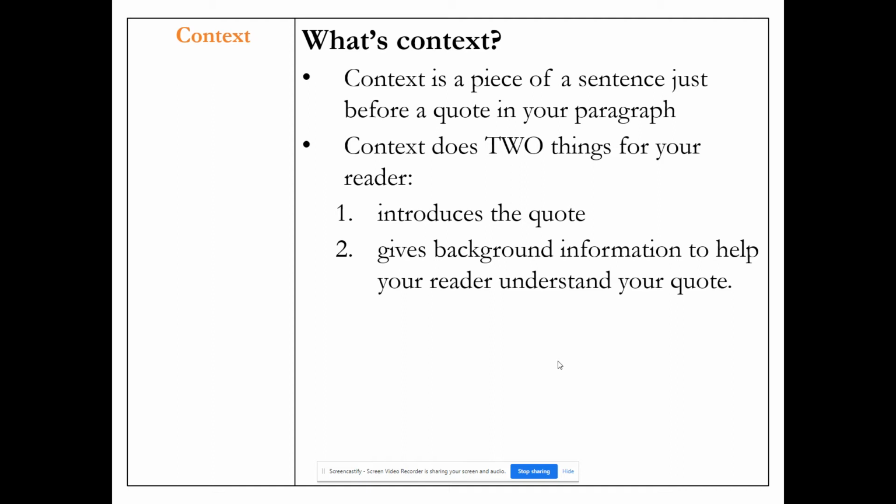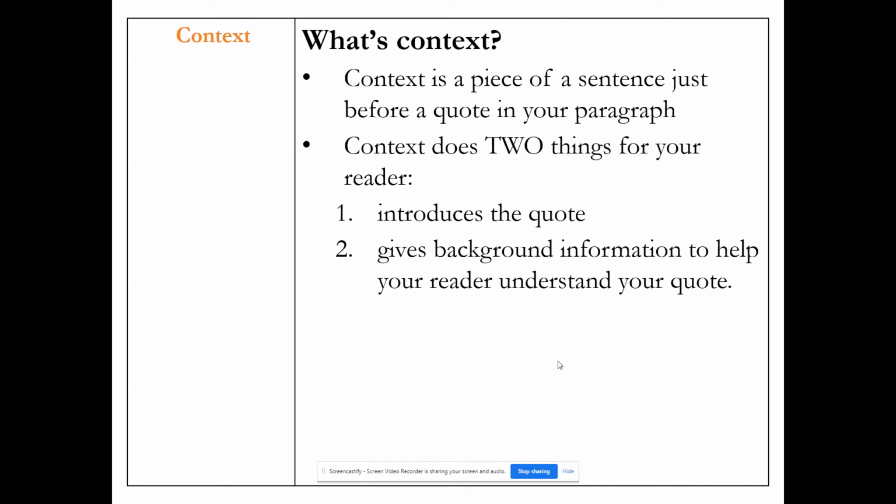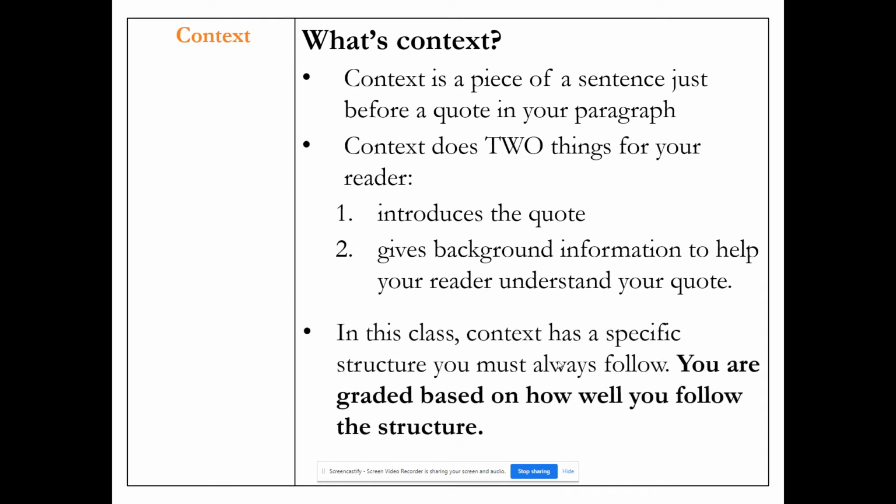But if it's a 300-page novel that's being analyzed, you need more specific context so your reader knows exactly what spot in the novel the quote is coming from and what was going on around that time. You can use context in this structure, by the way, to introduce pretty much anything from a work of fiction. Any kind of moment you want to talk about, you can use the structure you're about to learn.